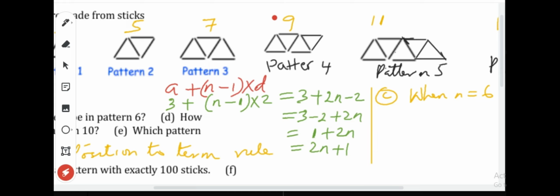So when n is equal to 6, we have 2 times 6 plus 1, because it's 2n plus 1.